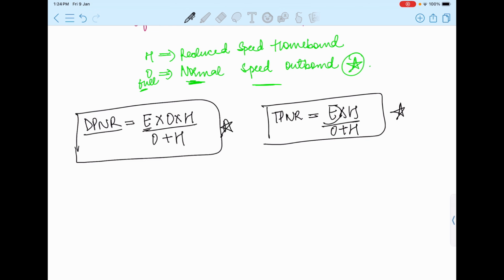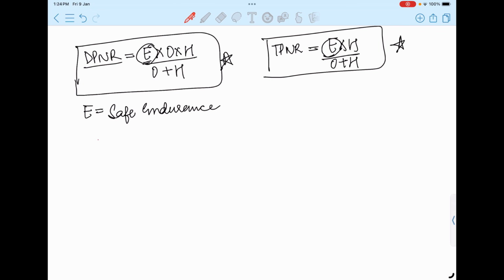And the E that we are using here is safe endurance. The formula for safe endurance, here we write it as E, is fuel on board minus reserve upon fuel consumed.